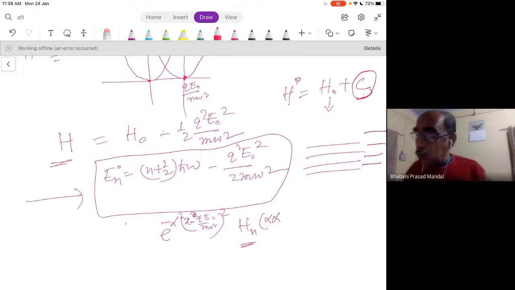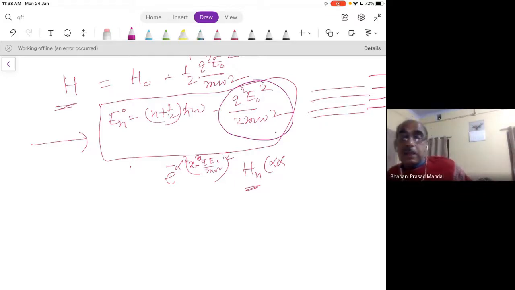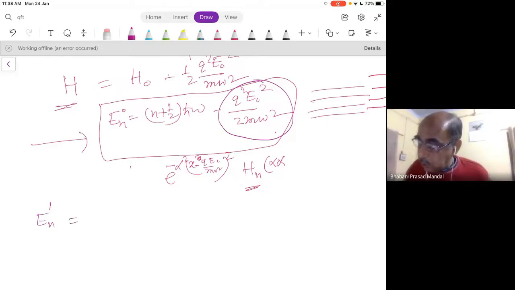So now we'll do this problem by the perturbation method, because this is the correction to the energy eigenvalues, and we want to see whether we can get the same correction by our perturbation method or not. Okay, so first, the first order correction to the nth level will be n0 H prime n0.